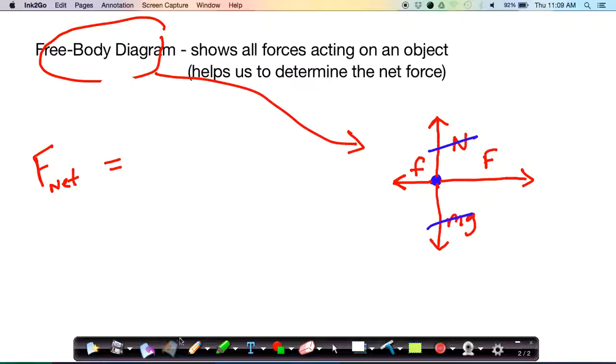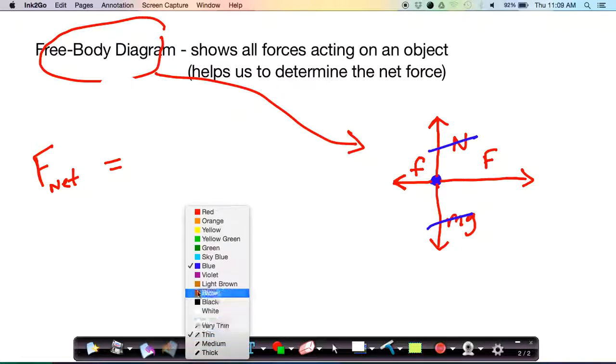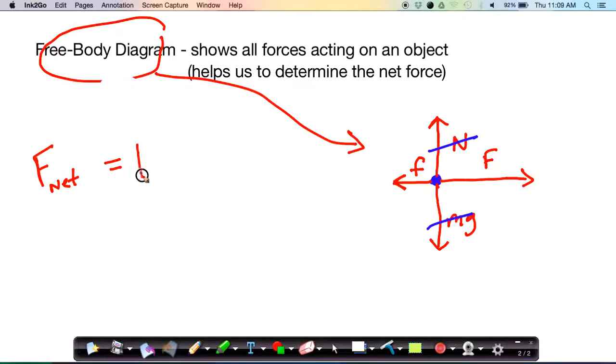Normal force and the weight cancel each other out. So we're only looking at the force that comes from us pushing the box to the right and the frictional force opposing the motion of the box to the left. We can just subtract the magnitudes because they're parallel vectors, or technically anti-parallel vectors. So that means they point in opposite directions, right? To the right, to the left, we can just subtract the magnitudes to get the net force.